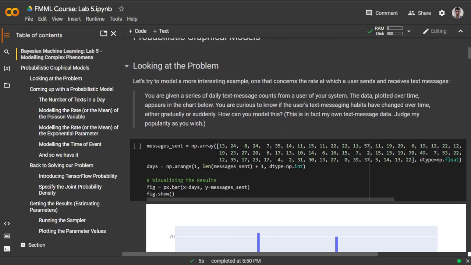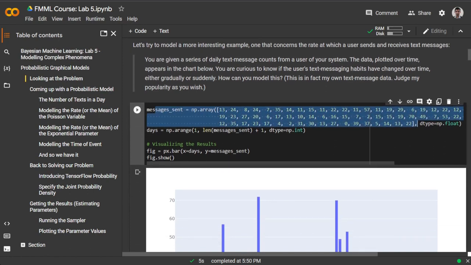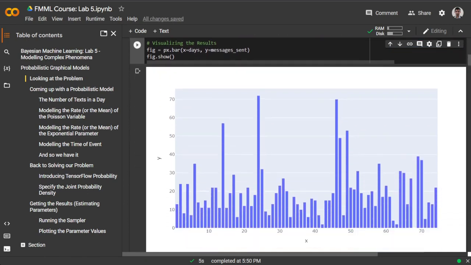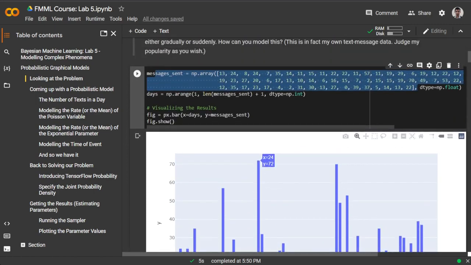The example that we are going to work with throughout this lab is one of a user who is sending and receiving text messages. We have a daily message count of how many messages he sends or receives. Now we know that this is a piece of noisy data, meaning that there is no correct value and the estimates are going to hover over and below a certain threshold.